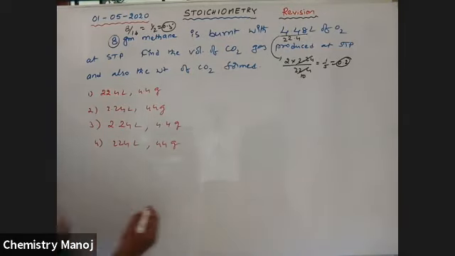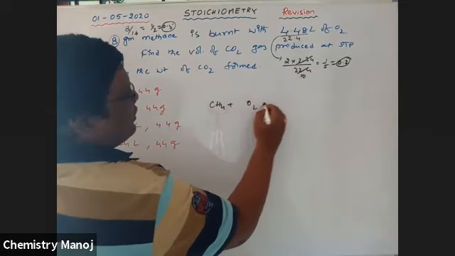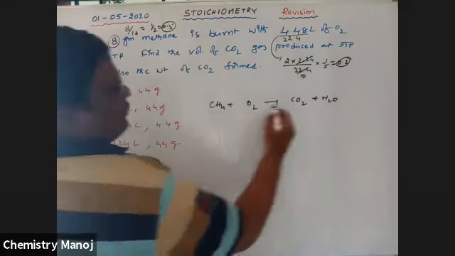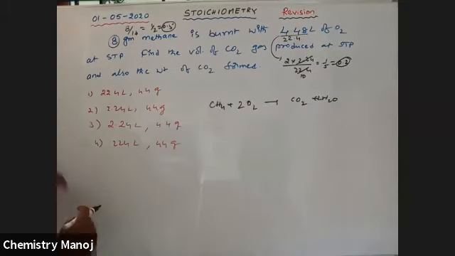In the equation, methane reacts with oxygen to give carbon dioxide and water: 1 mole, 2 moles, 1 mole and 2 moles.